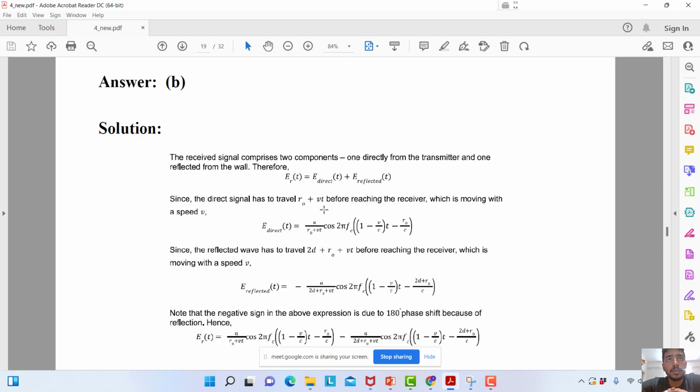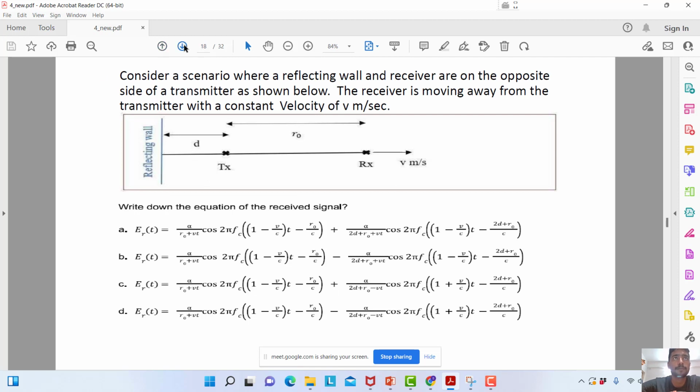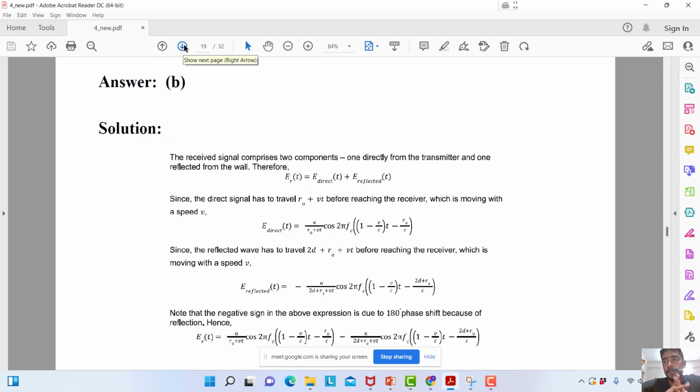So r0 is replaced by 2d plus r0, with a minus sign, the 180 degree phase shift. This is the equation of the reflected part and that is the equation of the direct part. Just put the values of both terms and we get our main equation. So option B is true. If anybody has a doubt, please ask.